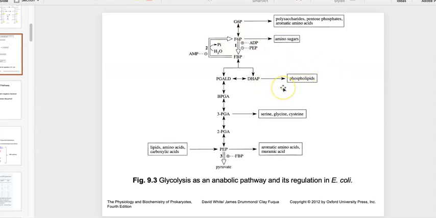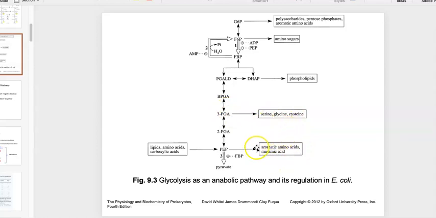Phospholipids obviously are necessary for making cell membranes and other kinds of vacuolar membranes. And so again, that can come from here, from the dihydroxyacetone phosphate. The microbes can also pull substrates for amino acid biosynthesis, such as serine and glycine and cysteine, from phosphoglyceraldehyde.